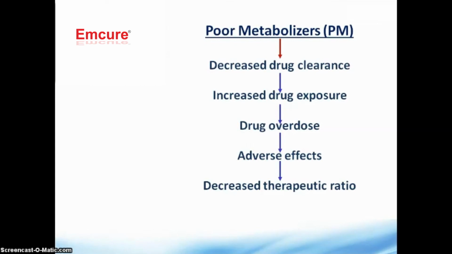In patients who are poor metabolizers, it is unsafe to give racemic metoprolol because R will accumulate over time because of its decreased clearance, and its area under the curve is more as compared to the S isomer.